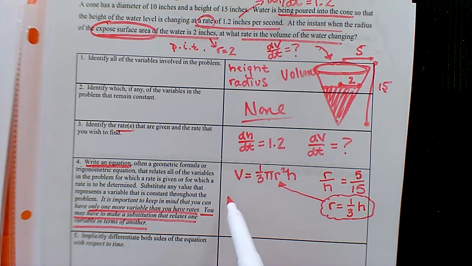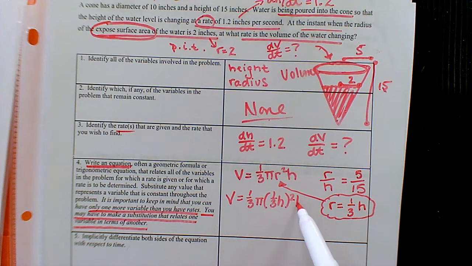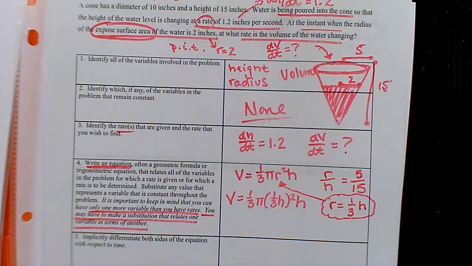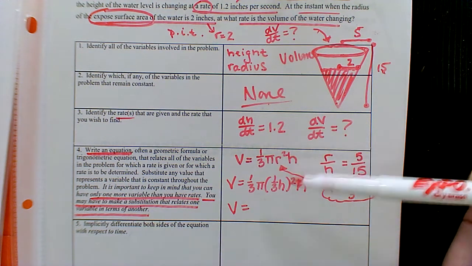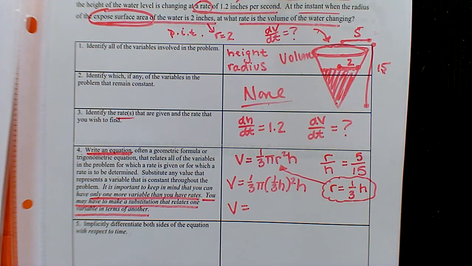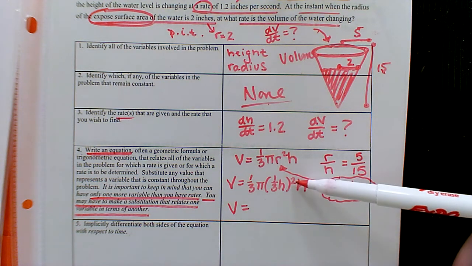So let's replace that in for r. Can we simplify that a little bit? Because it was r squared, if we're plugging something in for r, we're going to have to square that value. 1/3 squared would be 1/9.